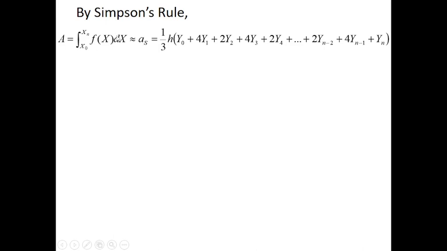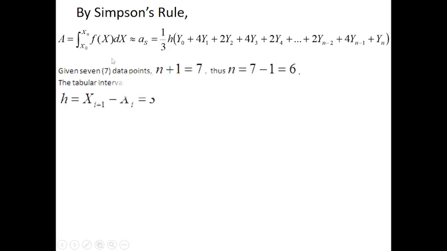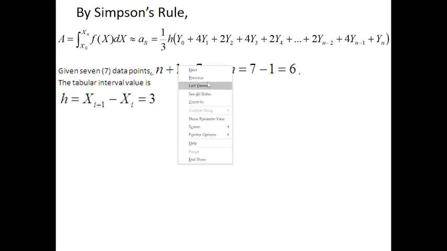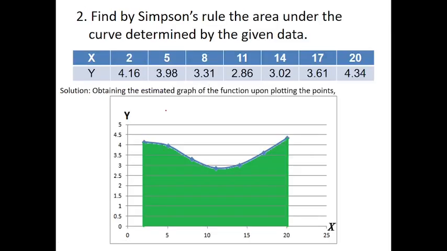So we have the integral of f of x dx from x sub 0 to x sub n approximately equals 1/3 h. As you notice, I use uppercase letters. This is x and this is y. Actually, this is f. So this is f sub 0, f sub 1, and so forth, and this is f sub n.